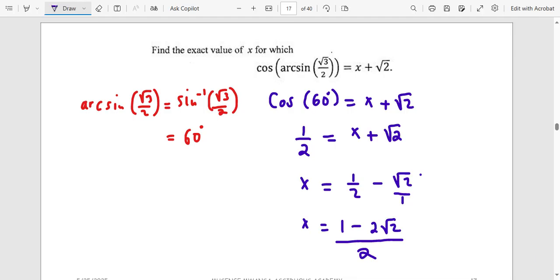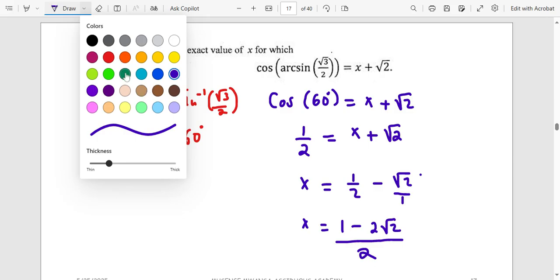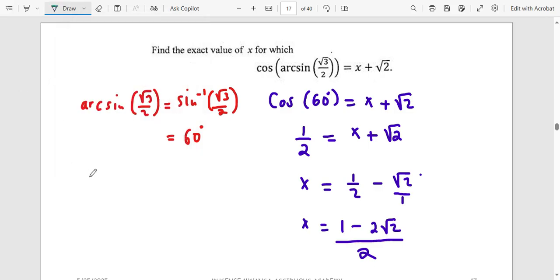Okay. So we said, remember from our special angles, when you have got sine 60 as a special angle, sine 60 is equal to root 3 over 2. So if I take sine the other side of the equation, it will become sine inverse, right? It's like the way we say, if you take 2, it becomes negative 2.